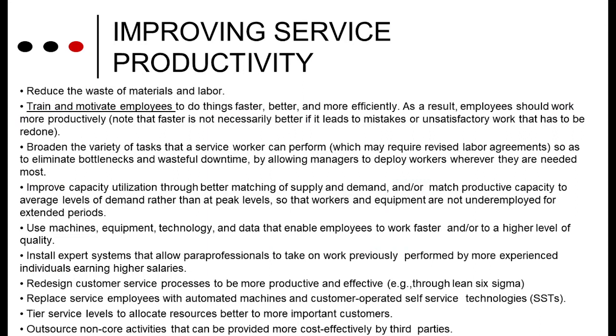There are certain generic strategies to improve service productivity, such as reducing waste of materials, all of those listed here. I encourage you to go through each of them because they are very understandable as you read them. They're self-explanatory. You train and motivate employees to work faster. You redesign the customer service process to make it more effective, improve capacity utilization, broaden the variety of tasks, and install technology systems.